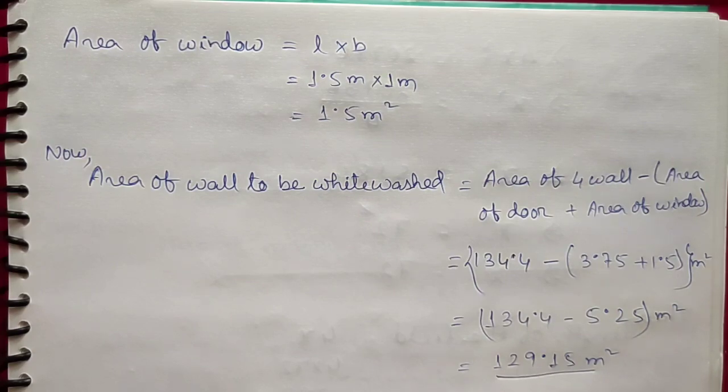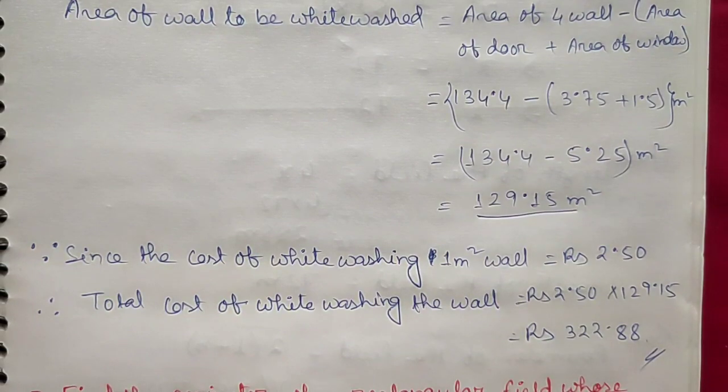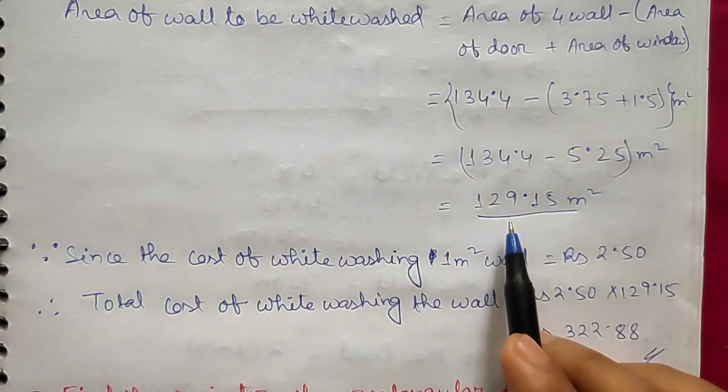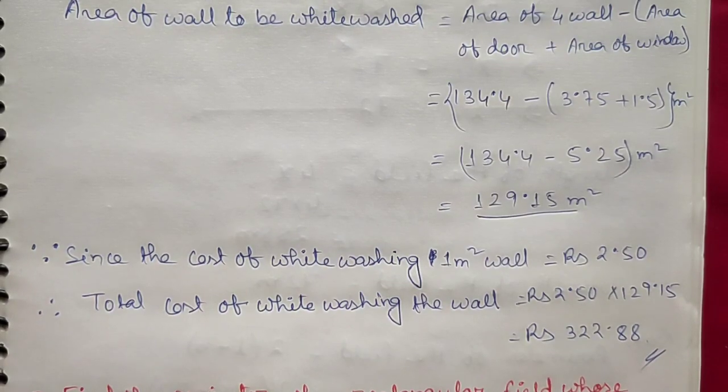Now suppose in the question it was given that the cost of whitewashing the wall per 1 meter square is rupees 2.5. Now consider, if the cost of one pen is rupees 2, and you have 10 pens, what will be the total cost?